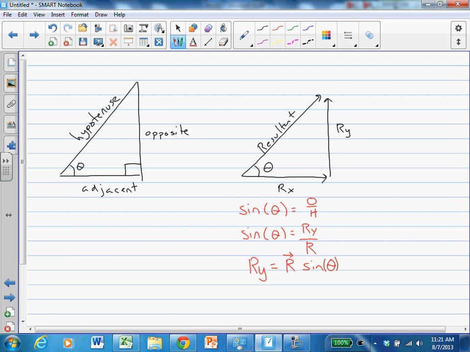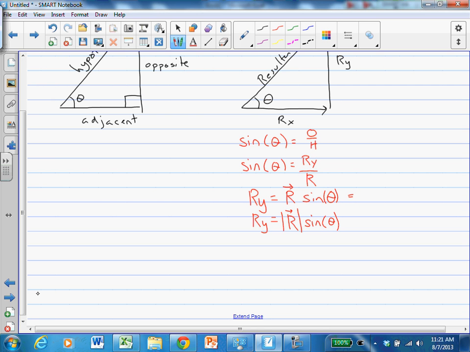And we want actually the magnitude only of that vector, so we put it between the two bars. So here's a formula for the y component of a resultant vector.